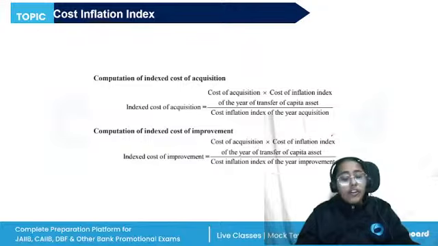If, on the other hand, we are talking about the cost of improvement, then other things remain the same. Simply, the denominator changes to the cost inflation index of the year of improvement. Then there are certain exemptions which are made, when and to what extent the exemption is there from the tax, the long-term capital gain and the short-term capital gain, which can also be ascertained.